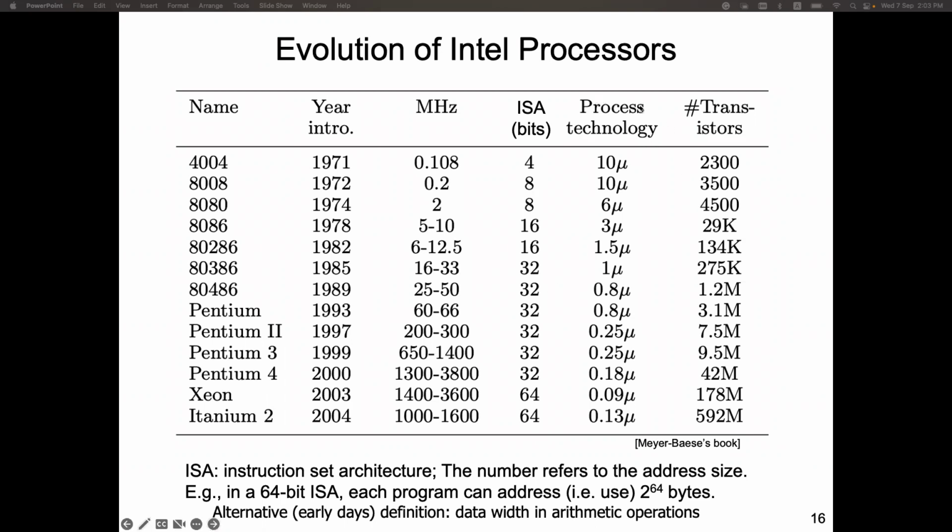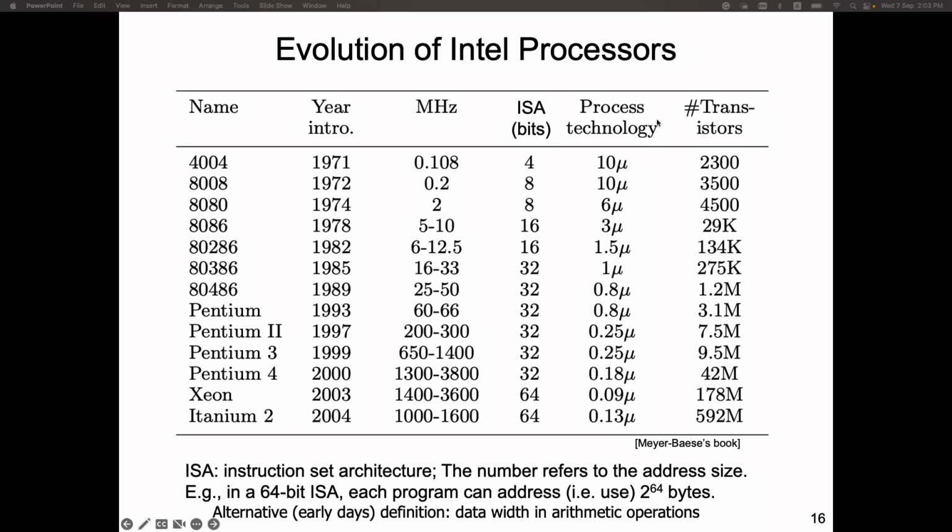And this is the process technology used. We have more details on this later. Basically, the first one used 10 micrometer technology, which means the metal wire width or transistor length has a minimum size of 10 micrometers.